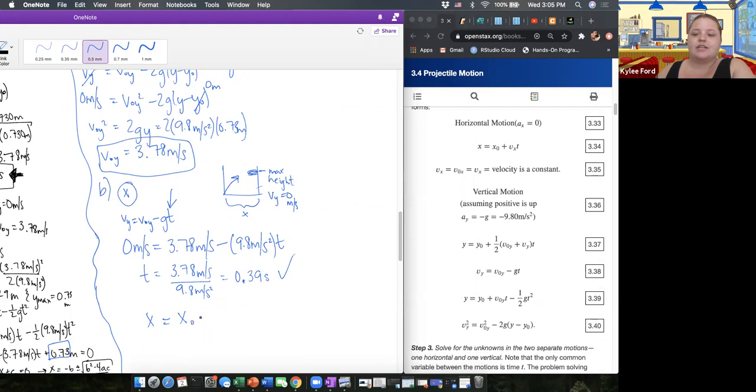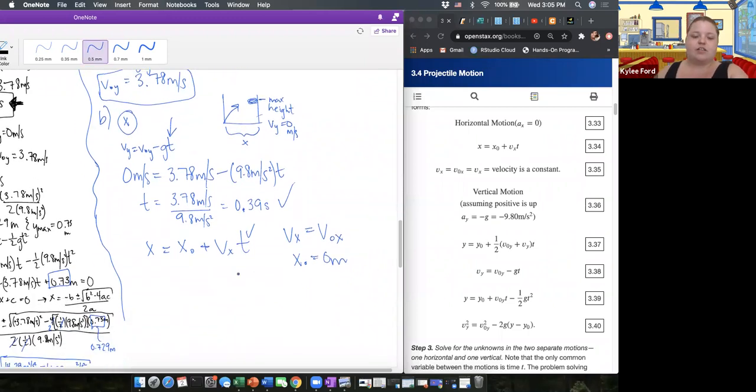So x equals x naught plus vx times t. We have our time. Our vx is also going to be v naught x. Remember, it stays the same throughout the projectile motion. I'm going to claim that my x naught equals 0 meters because they never told us otherwise.